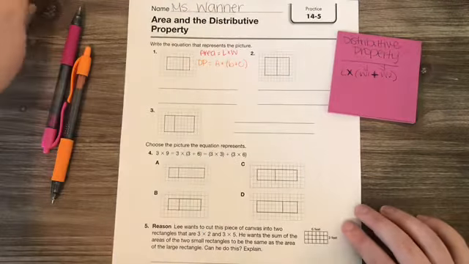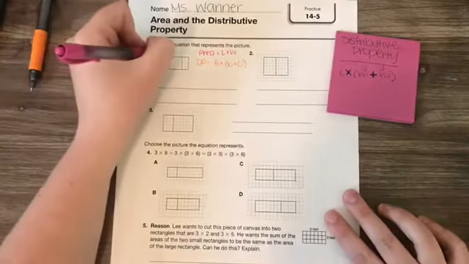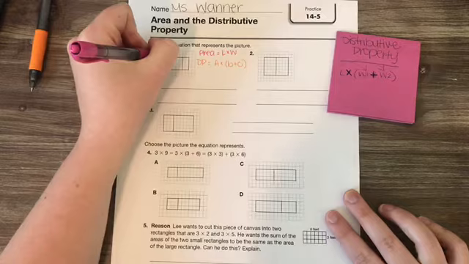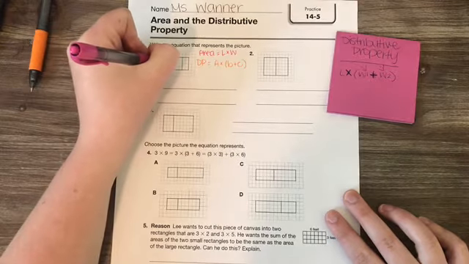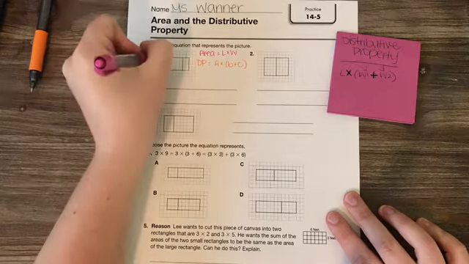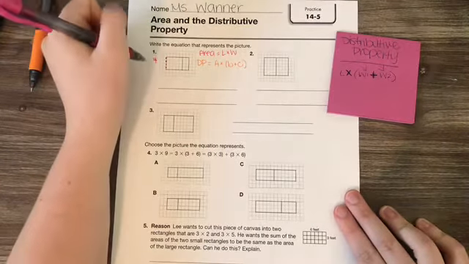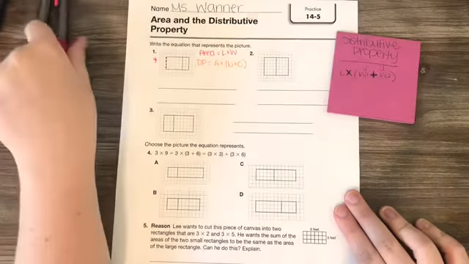So like I said, I'm going to measure the length first and then I'm going to find my widths. So I have a length of 1, 2, 3, and 4. So I have 4 as my length. And I'm going to measure my width.